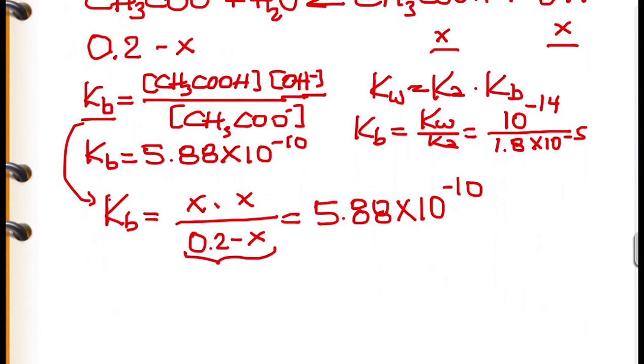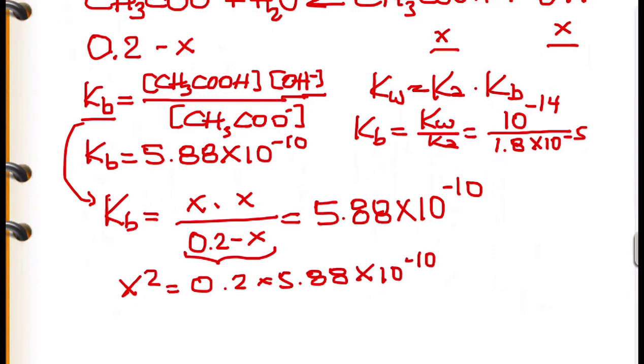Okay, so that's what's going to give us here X squared equals 0.2 times 5.88 × 10^-10, correct? So here we are going to plug in all these numbers, calculate, and then take the square root of that.